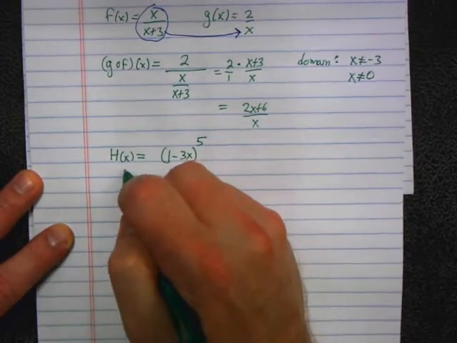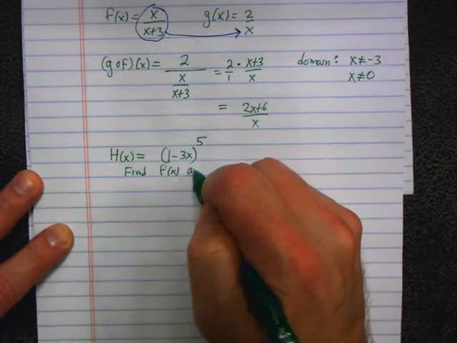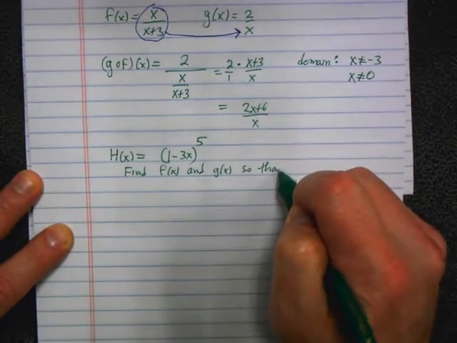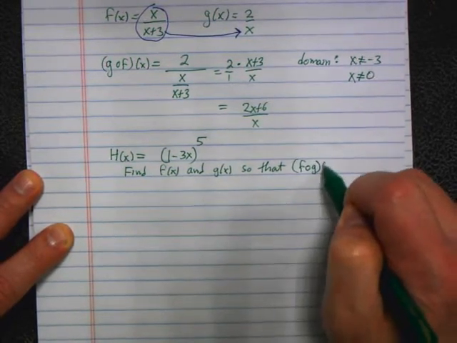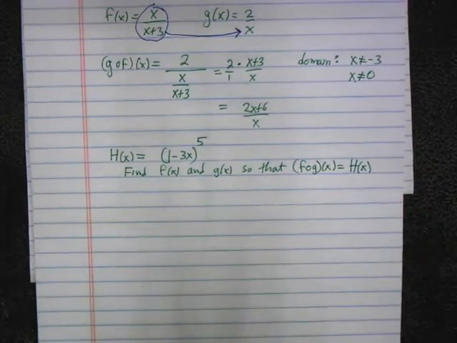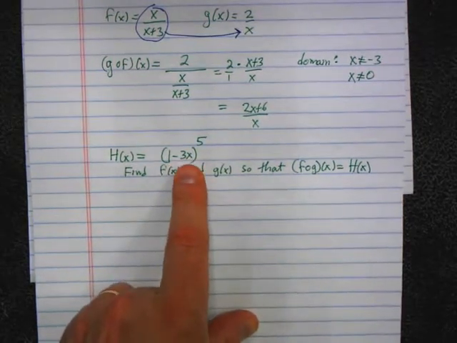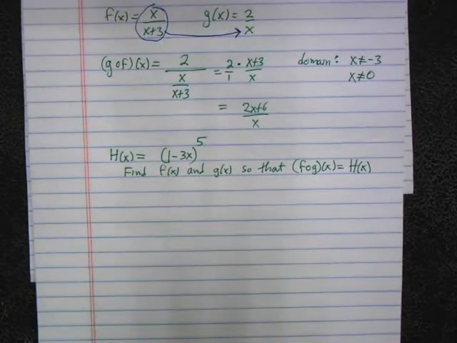And the directions are going to be find f of x and g of x so that f composed with g gives you h. So it's kind of like playing Jeopardy. I'm giving you the answer. Here's the answer. The answer is 1 minus 3x all to the fifth. I want you to tell me the two questions. What two functions did those come from?